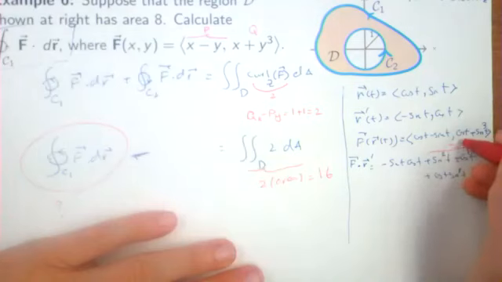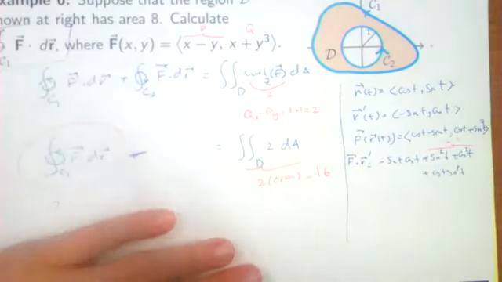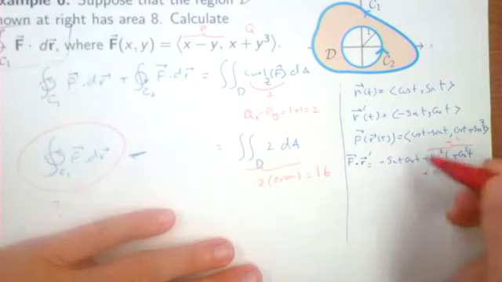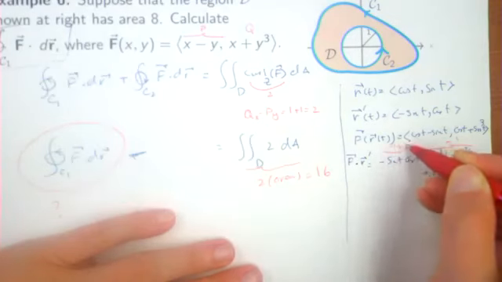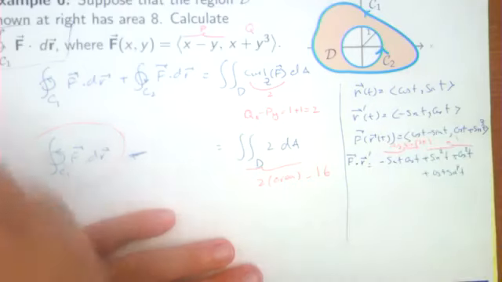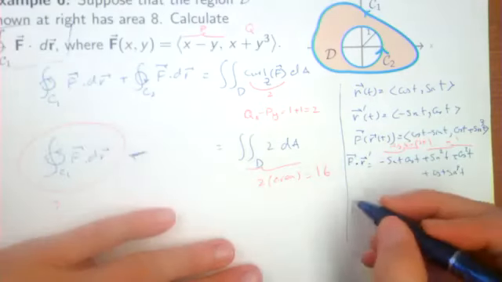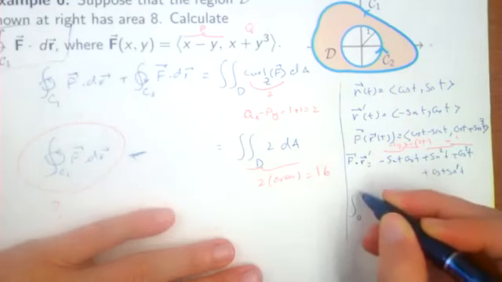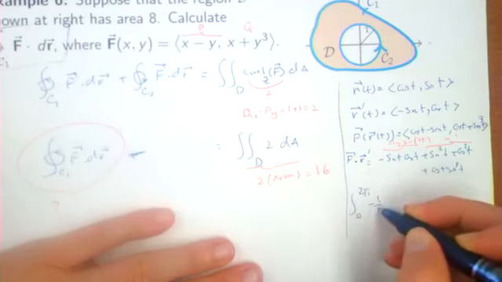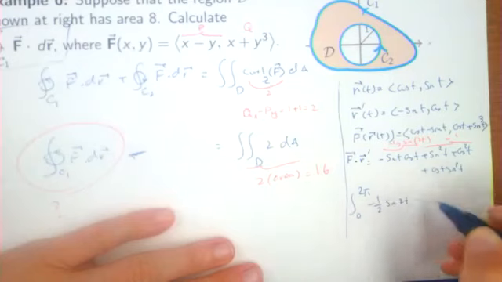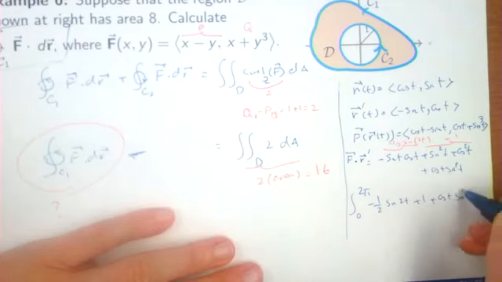These two add up to 1. This is -1/2 of sine of 2t. So the integral is going to be from 0 to 2 pi of -1/2 sine of 2t plus 1 plus cosine t sine cubed t dt.